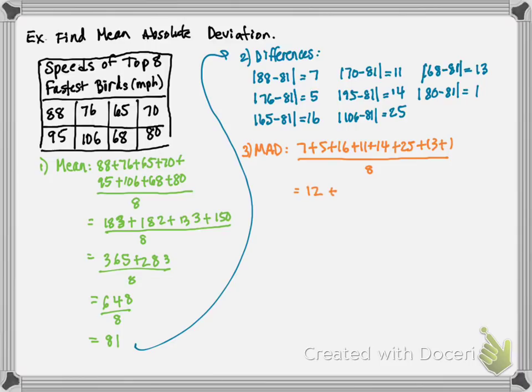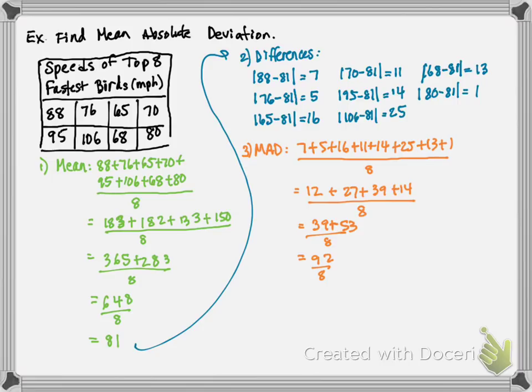So we get 12, we get 27, we get 39, and we get 14, all over 8. And let's see, we get 39 plus 53, all over 8. And that gives me 92 over 8.